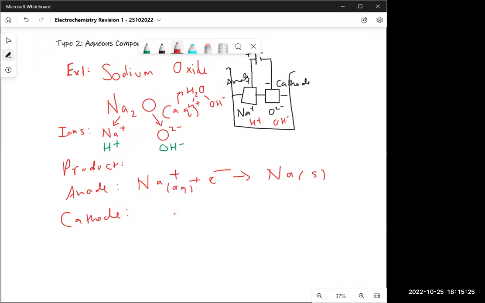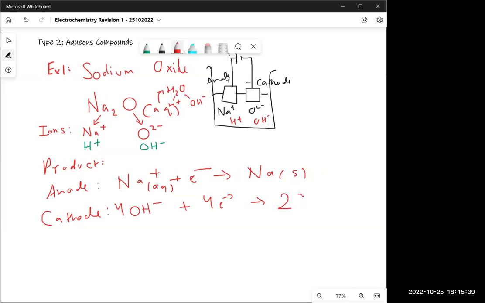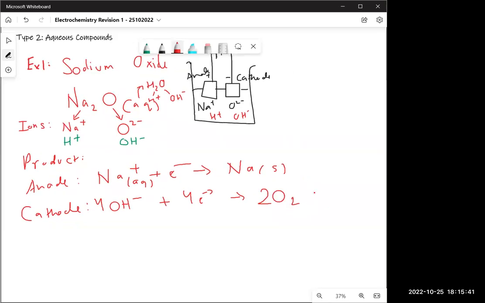Na plus aqueous. Cathode, I have OH minus, 4OH minus plus 4 electrons gives us 2O2. No, just a second. O2.